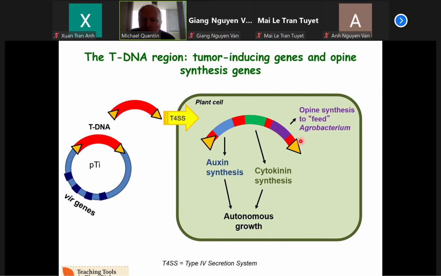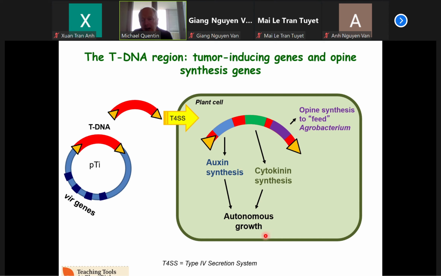A third gene present on the tDNA allows the synthesis of opines. And I told you, the bacteria, Agrobacterium tumefaciens, will feed from these opines. So actually, the transfer of the tDNA into a plant cell will make the cell divide, and each cell will produce a lot of opines.